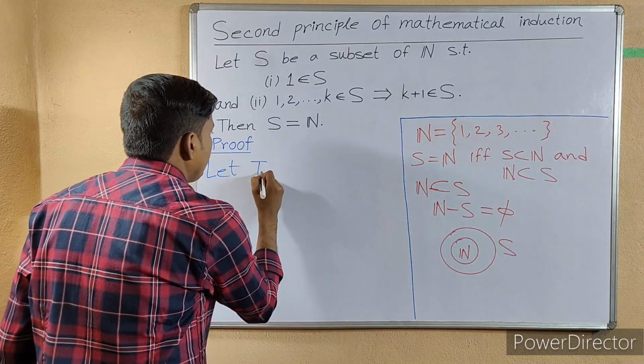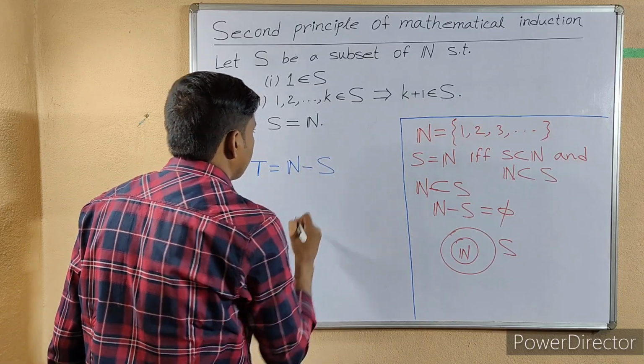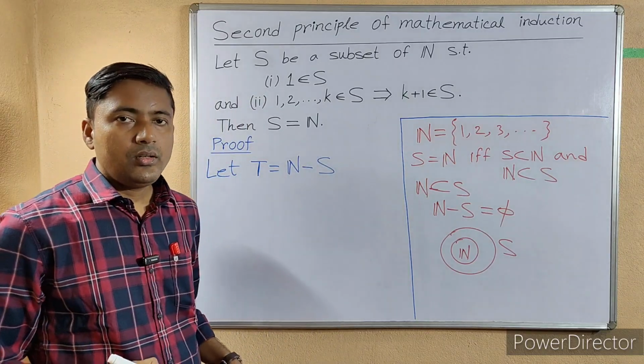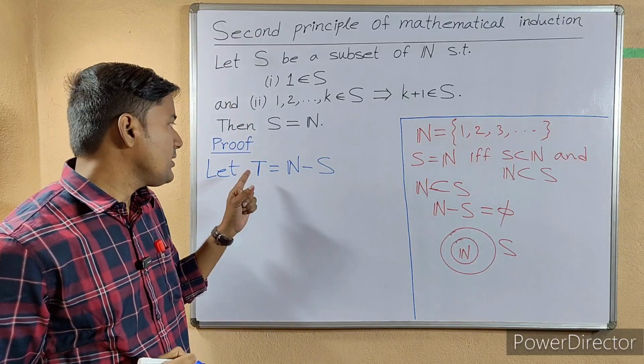Let T equal to N minus S. We have to prove N minus S equal to phi, that is, T equal to phi.